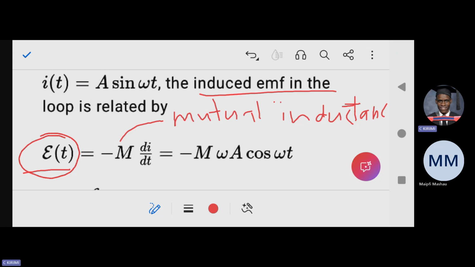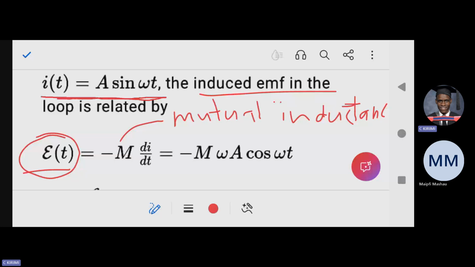So in our case, what was the current? The current was 100 sine 1000 t, that is A sine omega t. So when you differentiate A sine omega t, you get, when you differentiate sine, a positive cos.